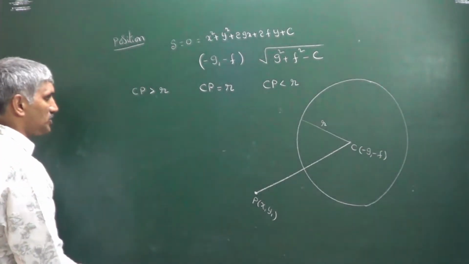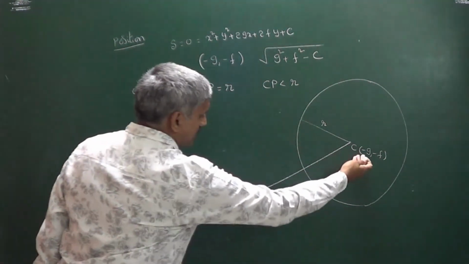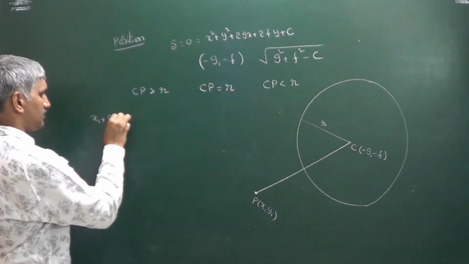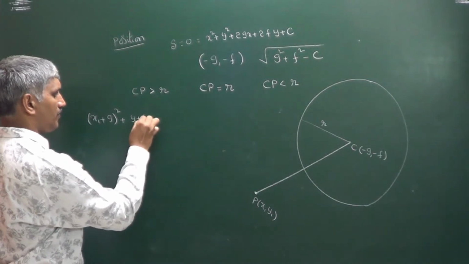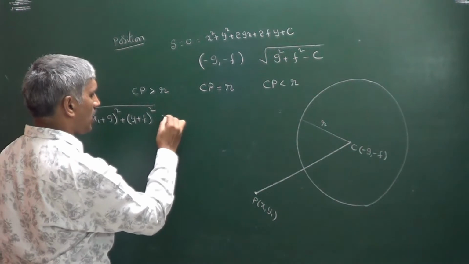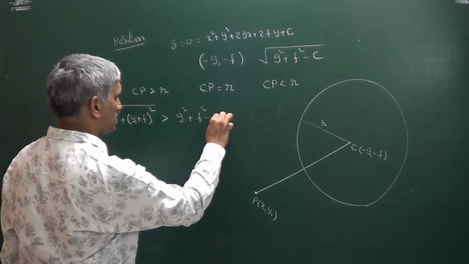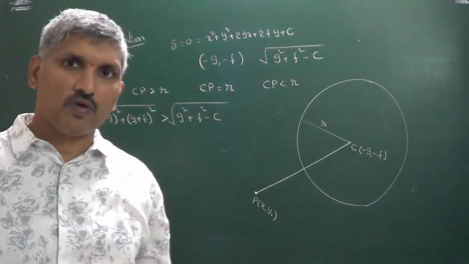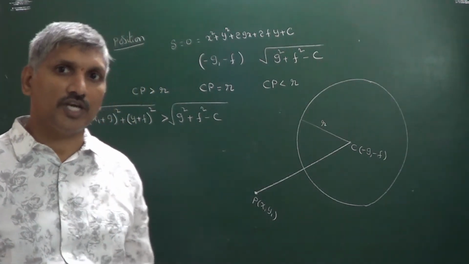We will check what we get for CP greater than R. CP means the distance between these two, that is square root of (x1 plus g) whole square plus (y1 plus f) whole square, is greater than square root of g square plus f square minus c. Because these are distances, positive values on both sides, you can do squaring with no effect on the inequality.